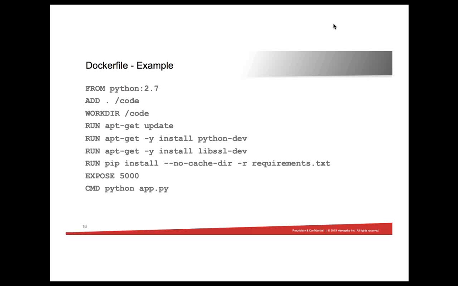We next add in our source code, and you can now see a series of steps where we ensure that we're getting all the right packages installed on that image, so that we've got Python dev and SSL dev and so on and so forth. We can do regular commands. The next step is to install our Python dependencies. So you can quickly see how you can aggregate all of the dependencies, your code, and everything else you need to execute your application code within this definition.